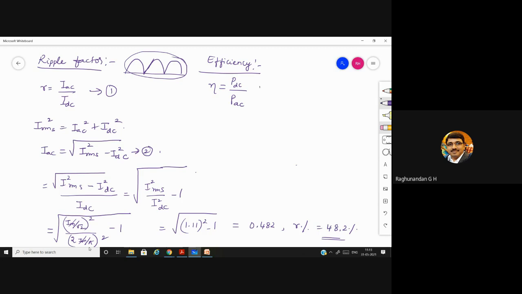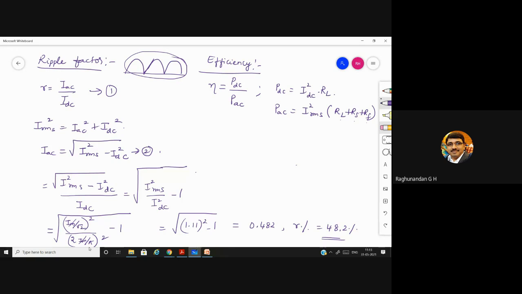We have the equation for PDC as I square DC into RL, and for PAC we have I square RMS, because always remember AC value will always be expressed in terms of RMS, and the resistance will be RL, RS, RF. I had told you why you have RL, RS, RF, three resistors in AC, and why you have only one resistance in DC.